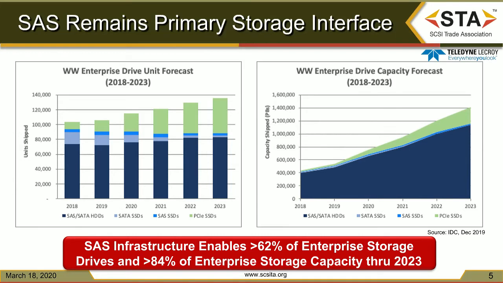SAS and SCSI have been around for decades, and according to this recent IDC report from December 2019, SAS connectivity is going to be around for a long time, well into 2023 and beyond. Between hard drives and SSDs, SAS connected storage continues to grow, and unit shipments remain strong going into 2023. So this is a very good time for 24 gig SAS designs to take foothold.